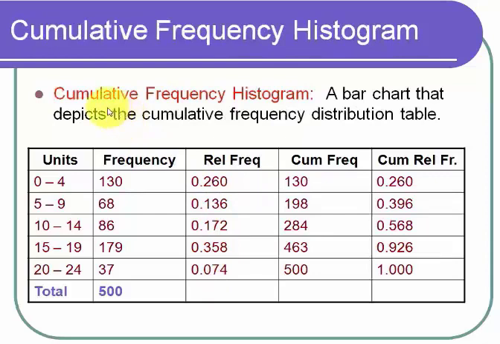Similarly, we can talk about the cumulative frequency histogram. So the cumulative frequencies are the frequencies that occur at or below that value. So for example, there were 463 values at or below 179.